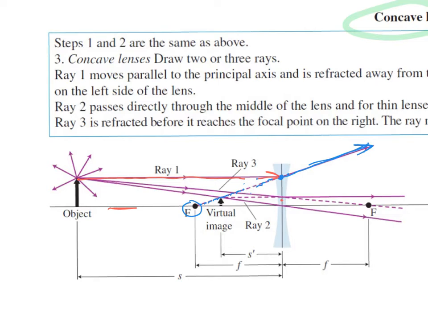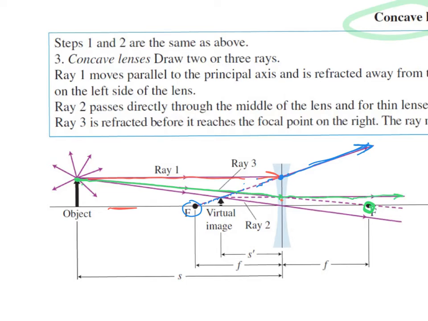The next ray is the focal ray. You're going to draw it from the same point on the object, but you're drawing it as if it's going through the focal point on the back side over here. So I'm going to draw it. It gets to the surface of the lens, and it passes through parallel, because that's what happens with a focal ray.